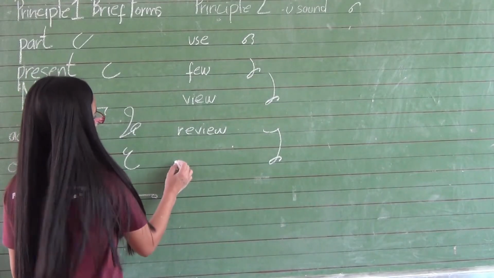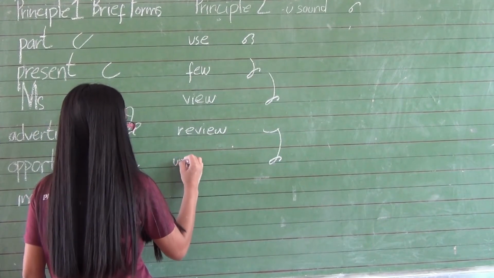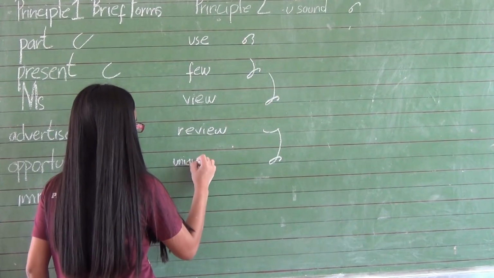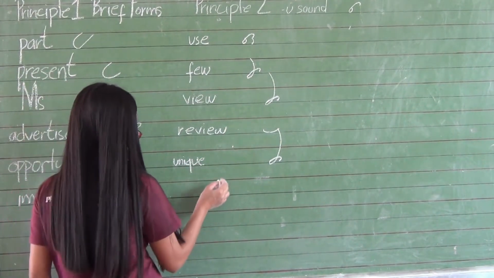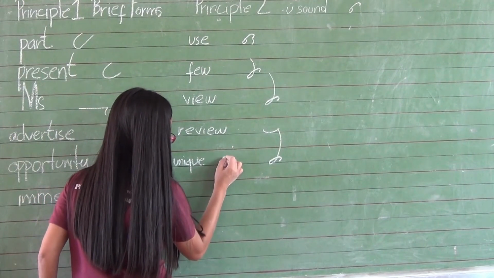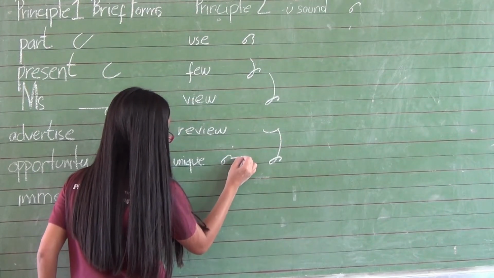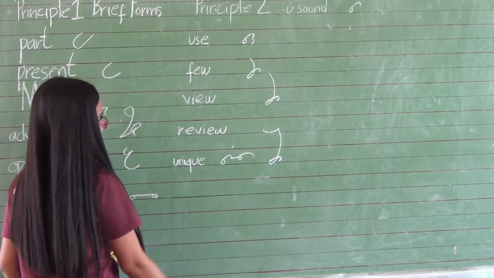Next, unique. It is represented by E, OO hook, and E stroke, and K stroke.